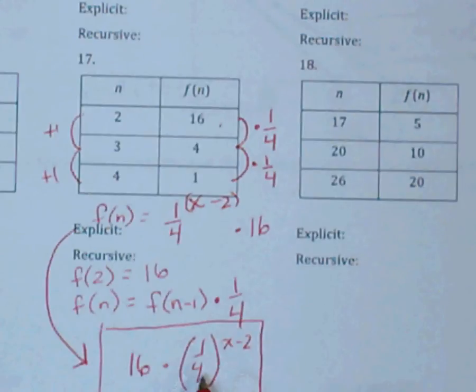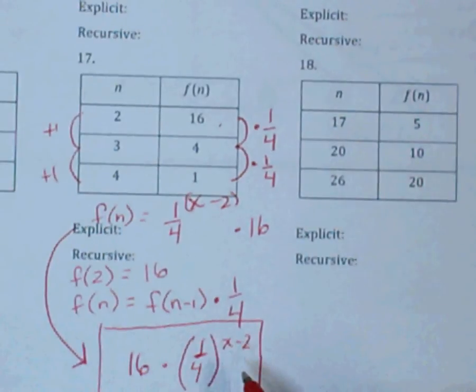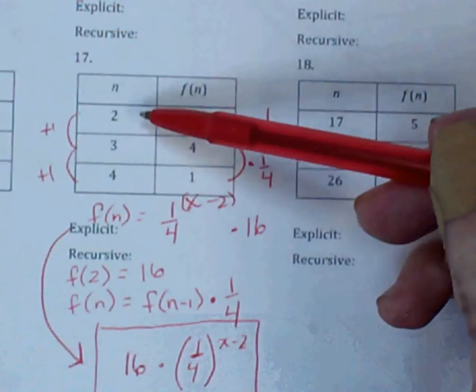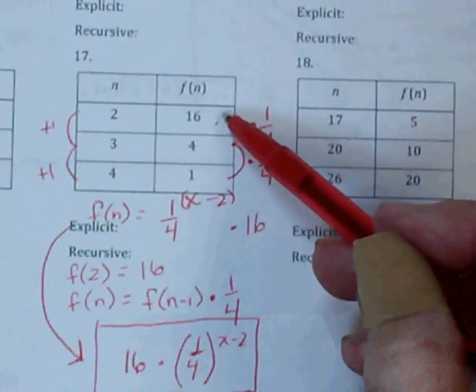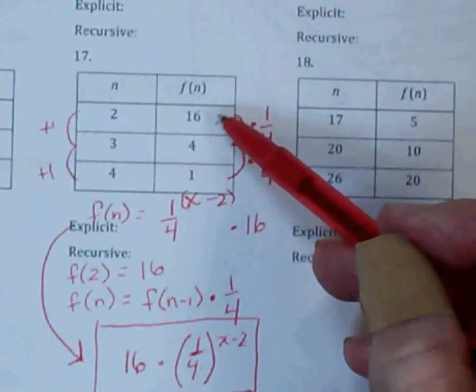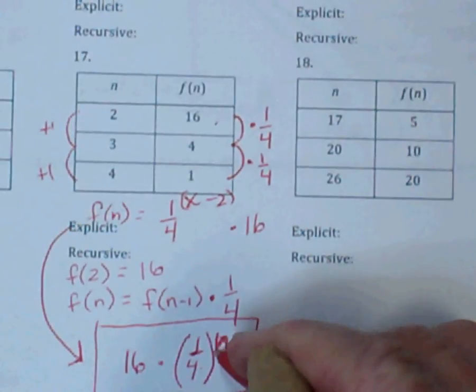So 1/4 is our constant ratio. We say the x minus 2 power because we started with the 2 here. So 2 minus 2 makes 0. So that's just going to be 1. And so that's why we needed this 16 here. That's our output value. Should be an n minus 2. Sincere apologies there.